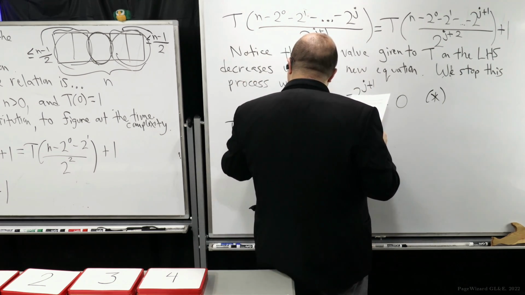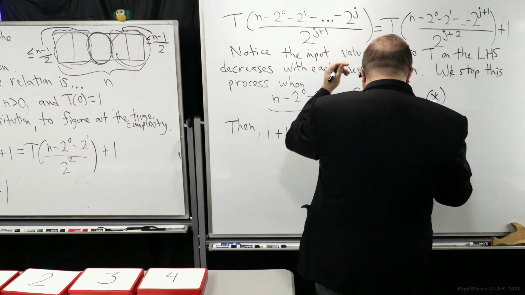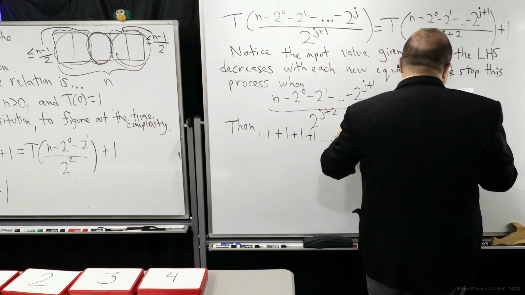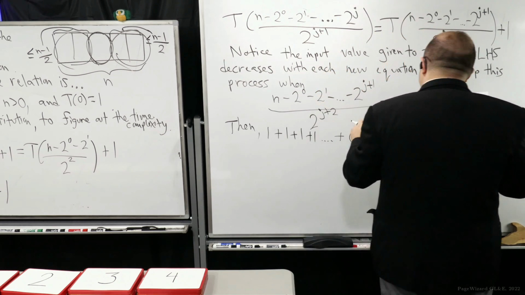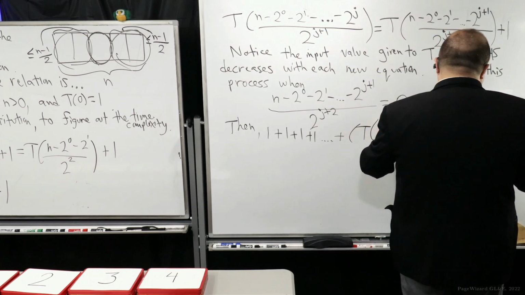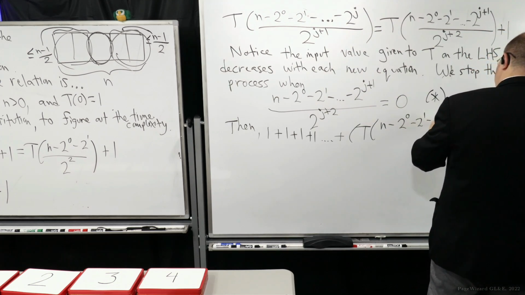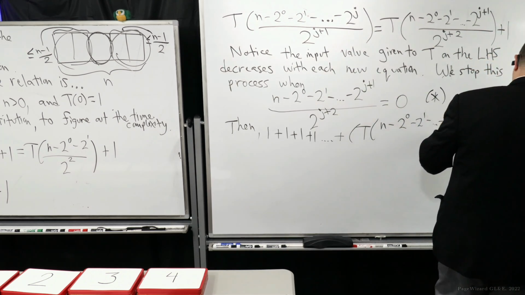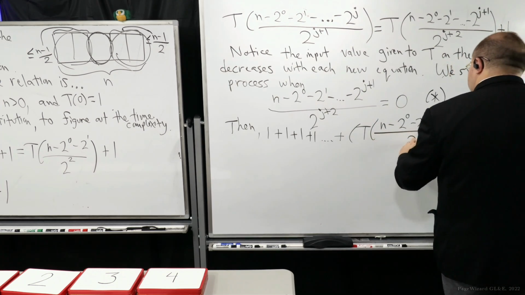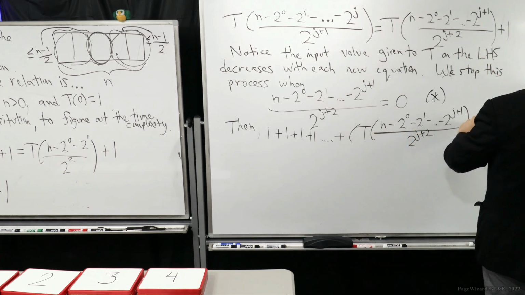So what would happen in this case is I would have a whole bunch of 1s that I would add up. And then I would have this invocation at this time: T of n minus 2 to the power of 0 minus 2 to the power of 1 all the way up to 2 to the power of j plus 1, divided by 2 to the power of j plus 2, plus 1.